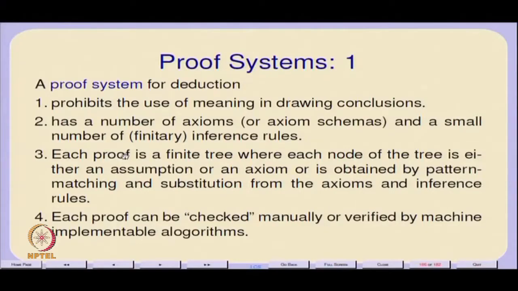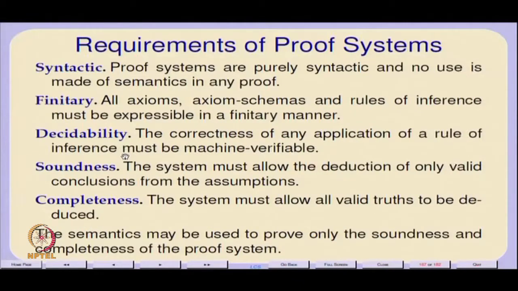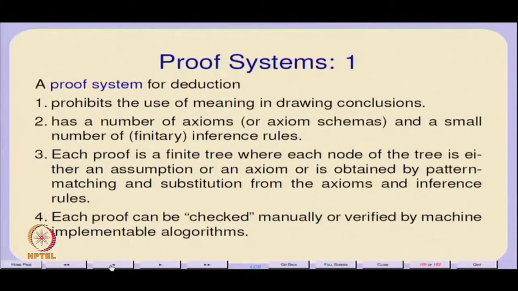So, this will lead us to something known as proof theory, but at the moment let us look at formal theories. There is another thing about this. The last point here says that each proof can be checked manually or verified by machine implementable algorithms.